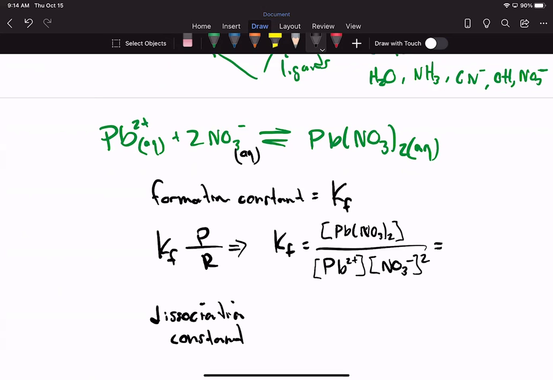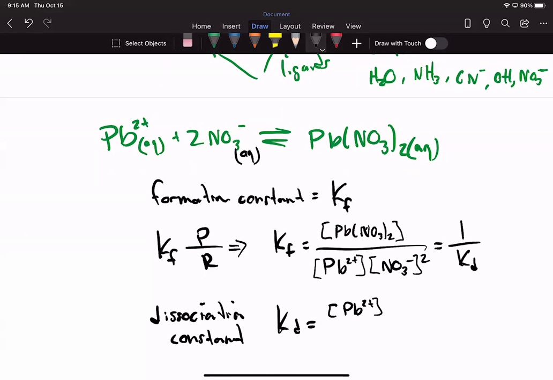So this is actually equal to 1 over the dissociation constant, our K sub D. That would be me flipping this around.